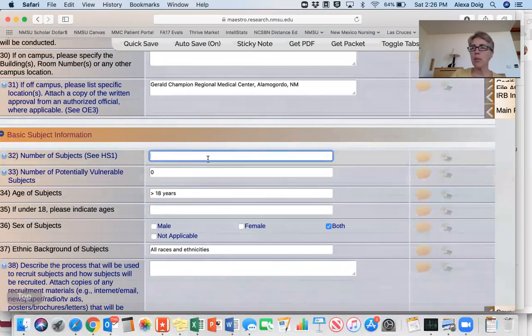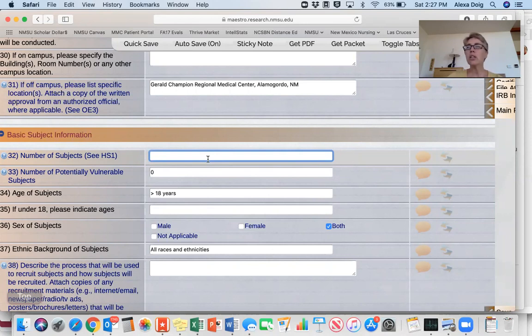You should have some general estimation of how many people are participating in your sample. If you were going to look at chart data for 100 patients or 50 patients, then put 100 or 50. If you are going to be educating 20 staff and then looking at data for 50 patients, put 20 staff and 50 patients.